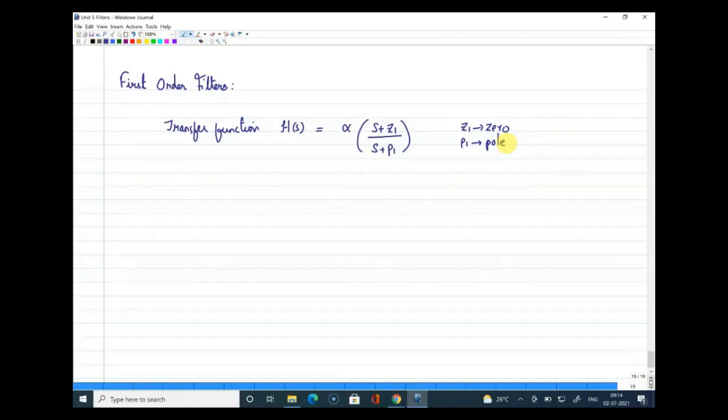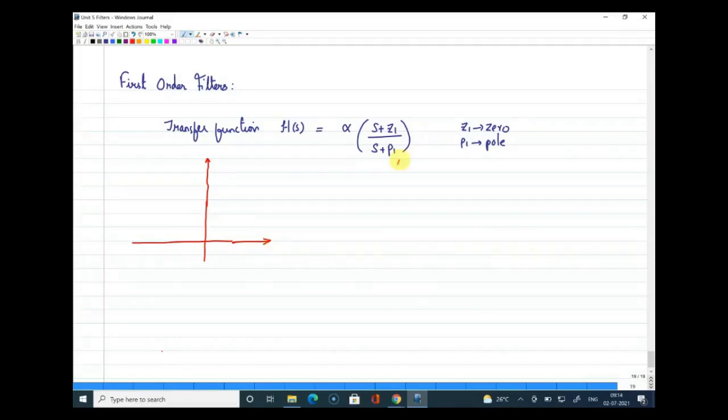Generally, when I know that there is a single pole and a single zero, and I'm directly trying to plot it on the pole zero diagram, can you comment on what the response of such a filter will be? So you have a single zero and a single pole. If I'm trying to draw the pole zero diagram, you can mark a pole and a zero in this, right?